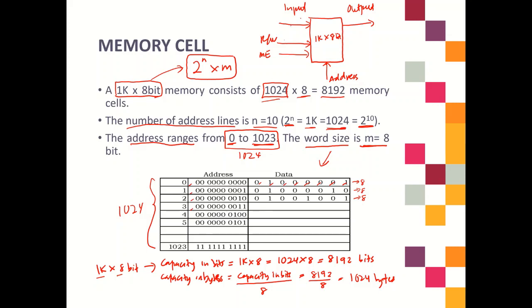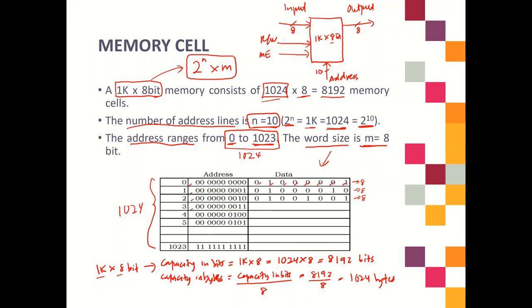RW and ME only have one line each. But for input, output, and also address, we have a variable number of lines, right? For input and output data, you refer to your word size. Because your word size is 8, the input must have 8 lines, and output also must have 8 lines. And for the address line, you need to refer to your n. You have already calculated your n, so your n value is 10. So here your address line is equal to 10.